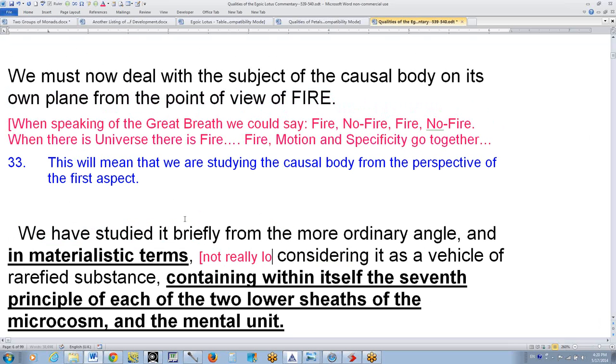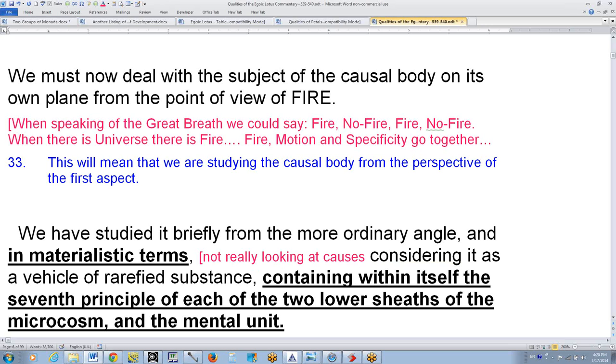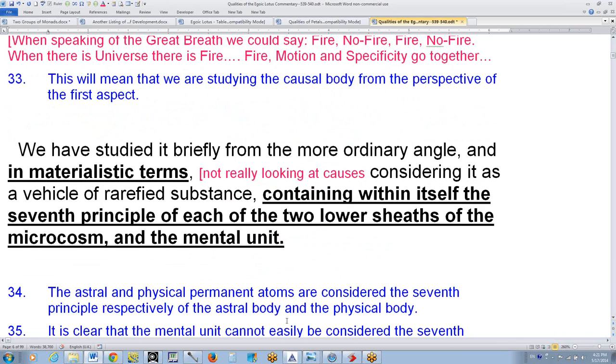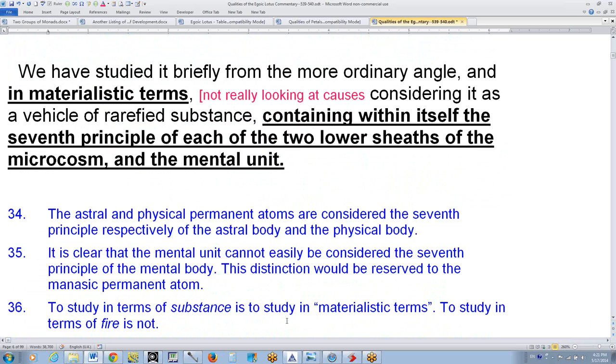Considering this causal body as a vehicle of rarefied substance, but substance is fire, of course, isn't it? Containing within itself the seventh principle of each of the two lower sheaths of the microcosm and the mental unit. How interesting to consider the physical permanent atom and the astral permanent atom as seventh principles, respectively, of the astral body and the physical body.